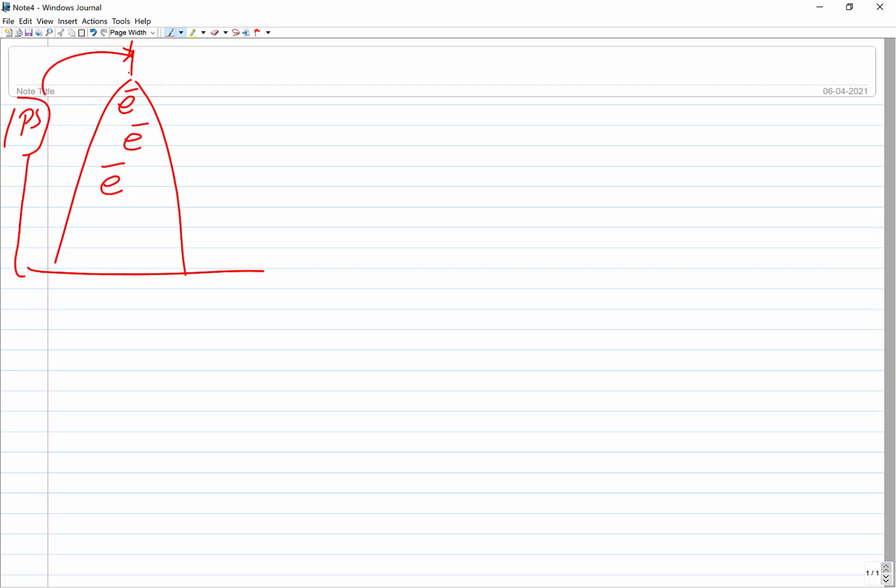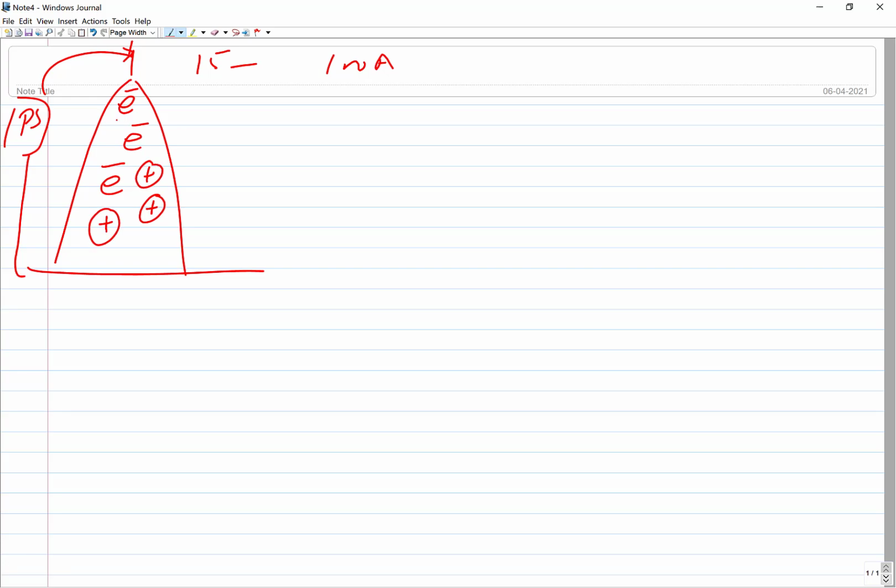The minimum voltage which is needed for this purpose may depend upon a number of factors, but it usually ranges from say 15 to 100 volt. Okay, and so here you have positively and negatively charged particles like this.